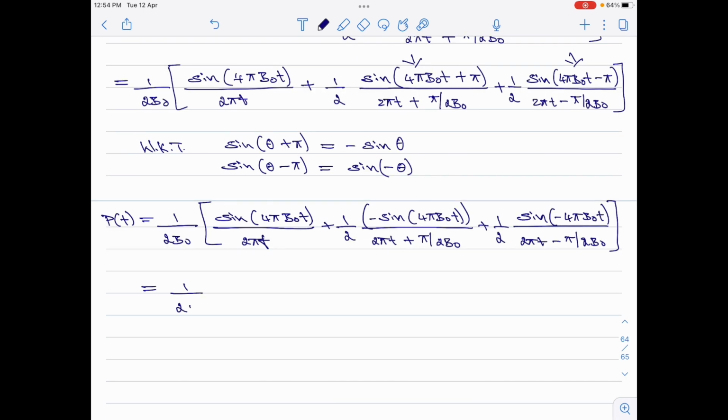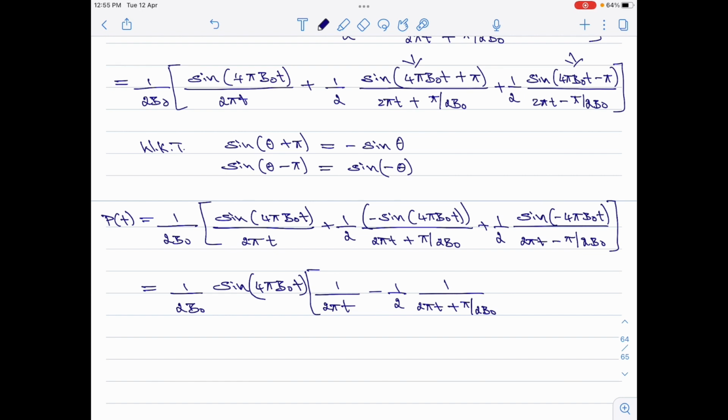Continuing, I will take now sin 4 pi b naught t as a constant. Therefore, what remains inside the bracket is 1 divided by 2 pi t. The previous version should also be t, please make that correction. Then we have a minus symbol here followed by 1 by 2. Then we have 1 divided by 2 pi t plus pi divided by 2 b naught.